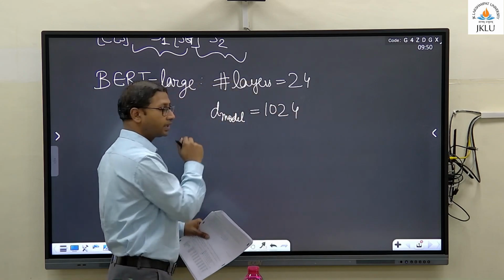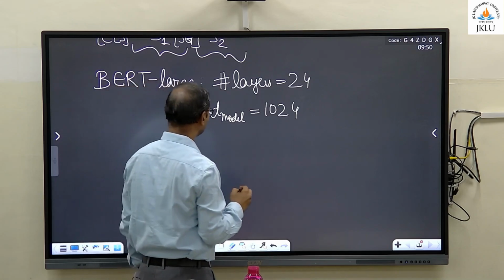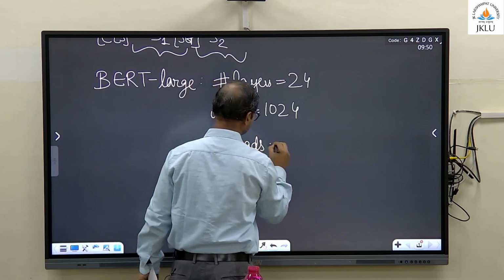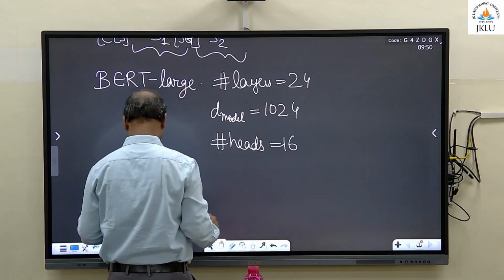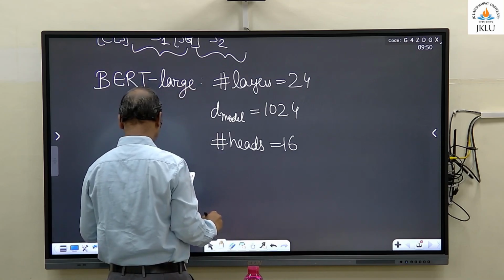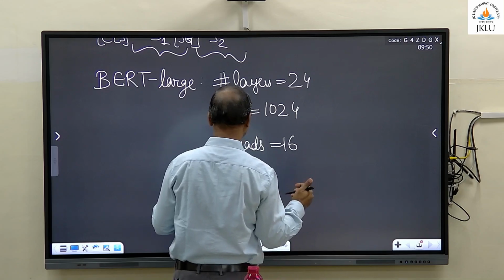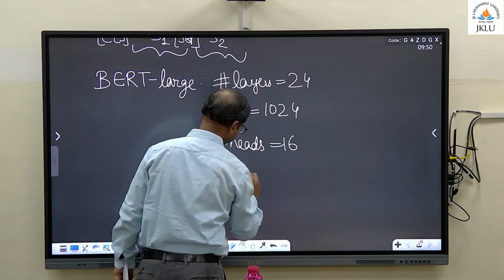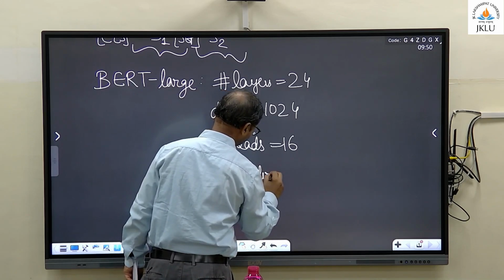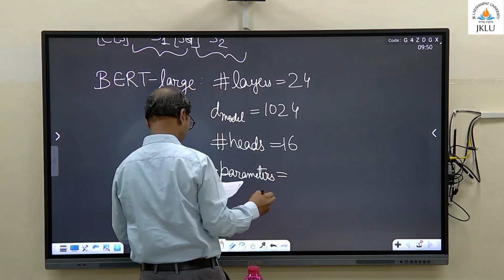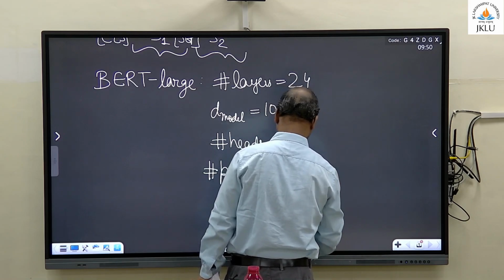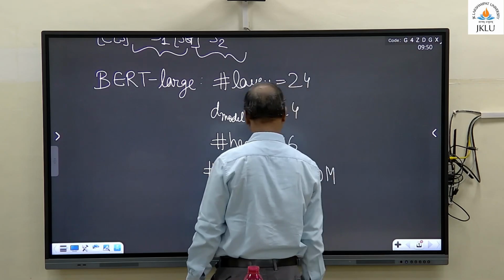The moment you take D model to be 1024, what is my number of heads? My number of heads is 16, and that gives me a total number of parameters of 340 million.